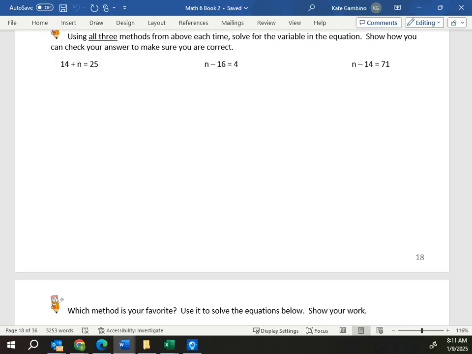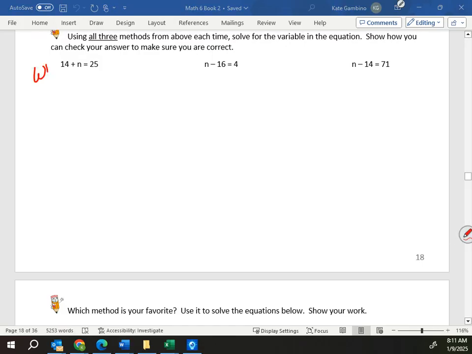For the logic, we ask a question. So if we look at 14 plus n equals 25, what question would we ask? Emma?